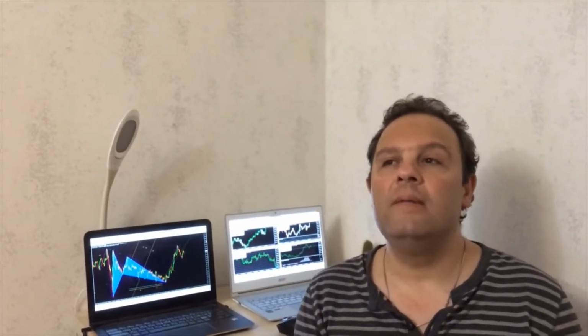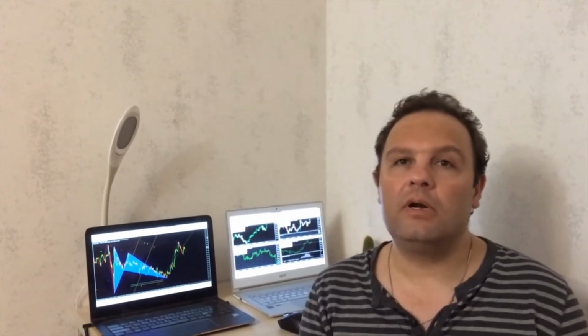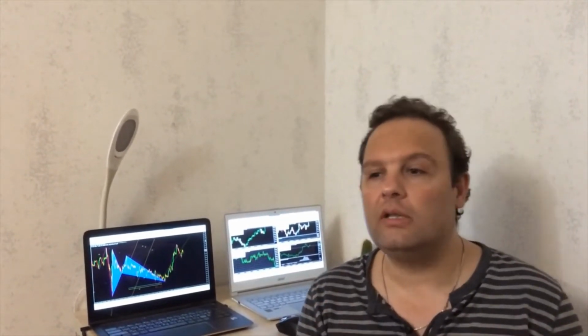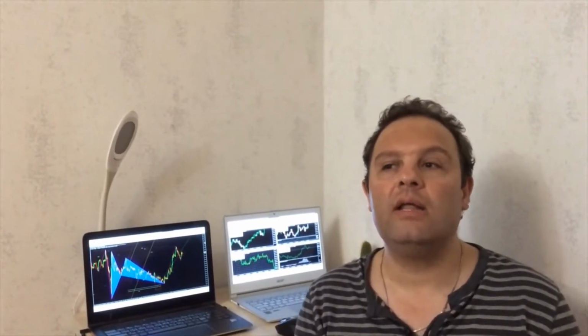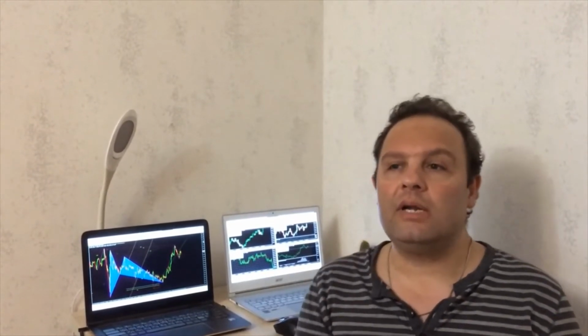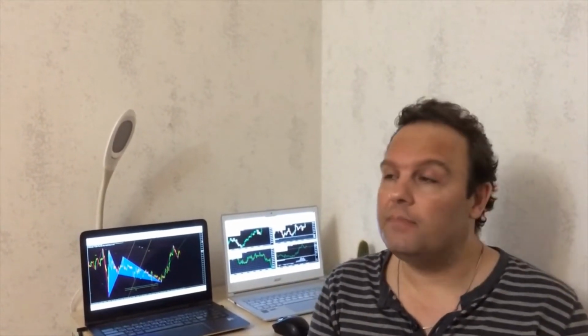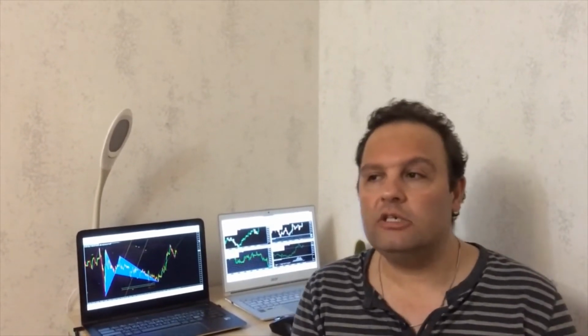For example, if the market is trending upward or downward and we have a certain retracement, then we expect the market to turn around and go back in our direction. So this is a strategy based on Fibonacci levels. However, because it's quite difficult to calculate, I made it simple.